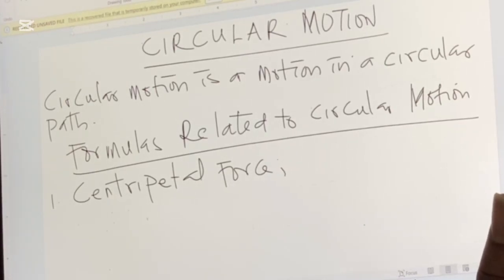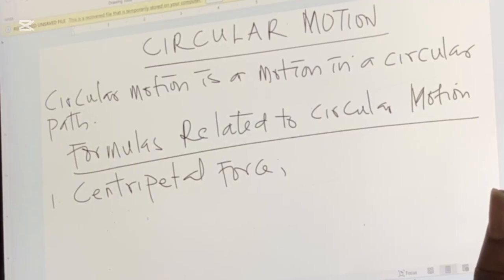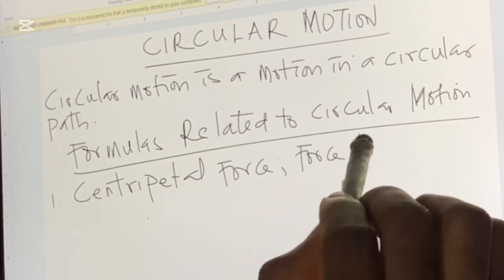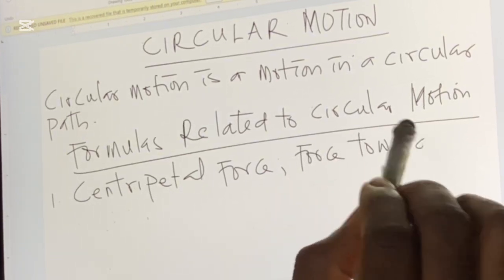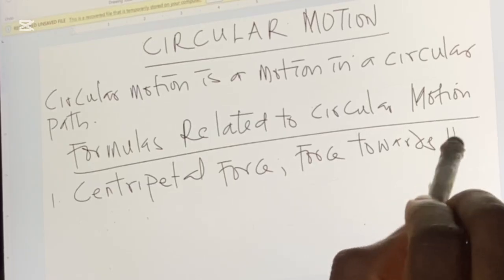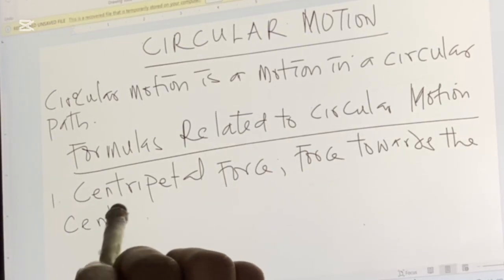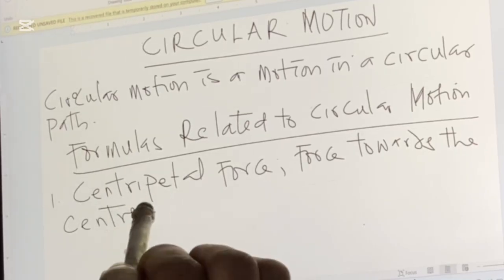Centripetal force. Before we write down the formula for centripetal force, let's know what centripetal force is. Please write. Centripetal force is a force towards the center. That is, force towards the center is called centripetal force.